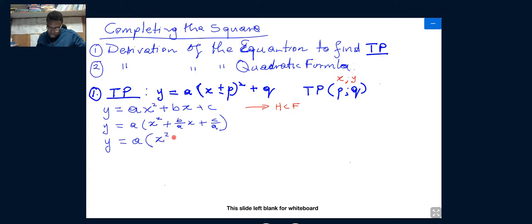x squared plus b over a x plus b over 2a all squared, we add it, plus c over a, and then we subtract b over 2a squared.